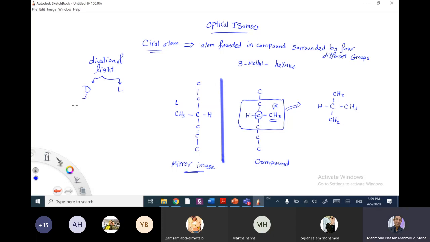D polarizes light in a clockwise direction, making the light change its position toward the clockwise. And L polarizes light in an anticlockwise direction.